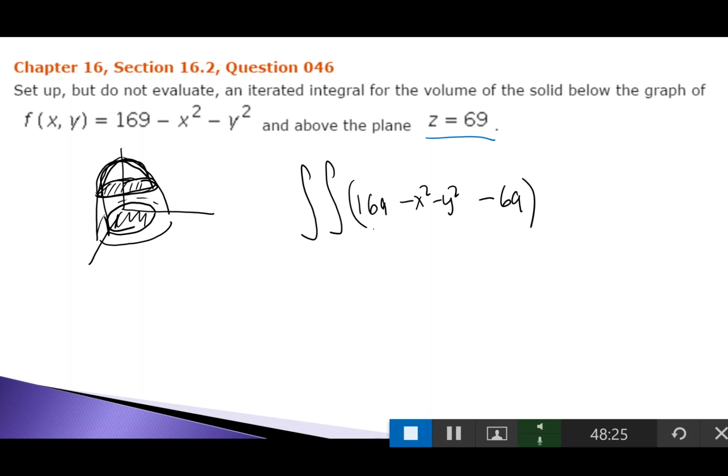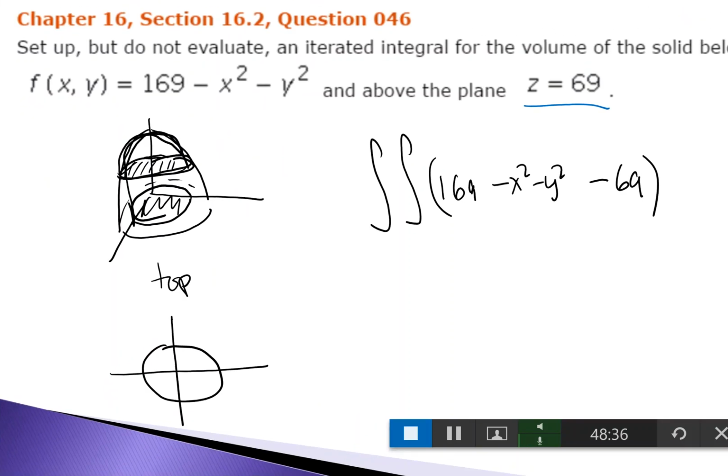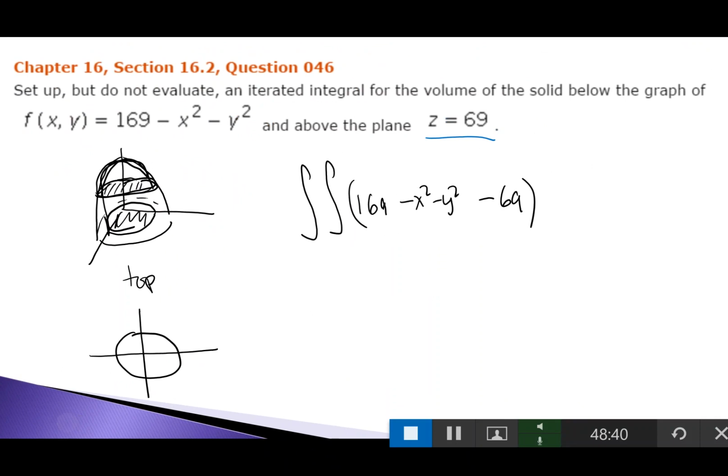That's easy. Let's look at a top view. The top view we know is a circle, and the boundary of that circle is going to be where those two surfaces intersect. This boundary right here is that.